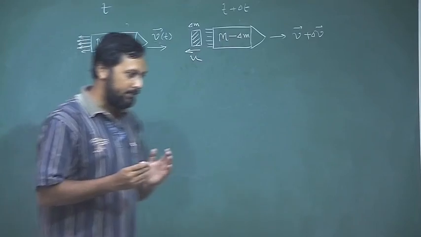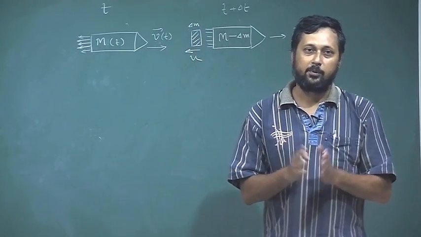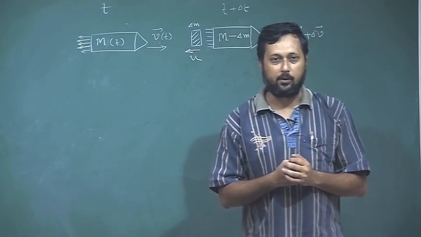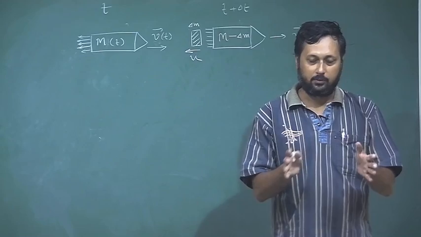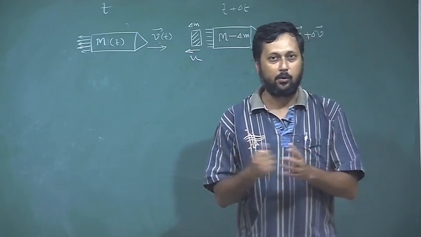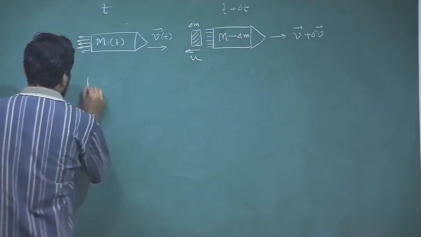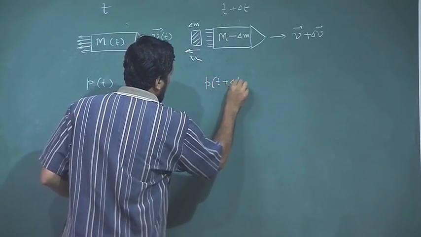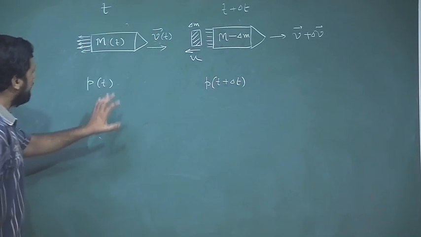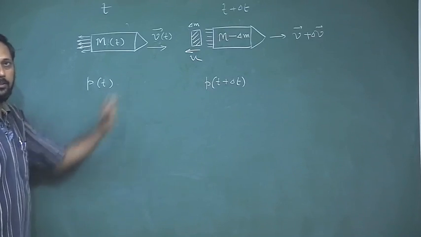Because the conservation of linear momentum and conservation of angular momentum, we will see the angular momentum part later on, are valid in an inertial frame. These two conservation laws are not valid in a non-inertial frame. So when we write the expressions for p of t and p of t plus delta t, we have to make sure that the velocities are measured from an inertial frame.